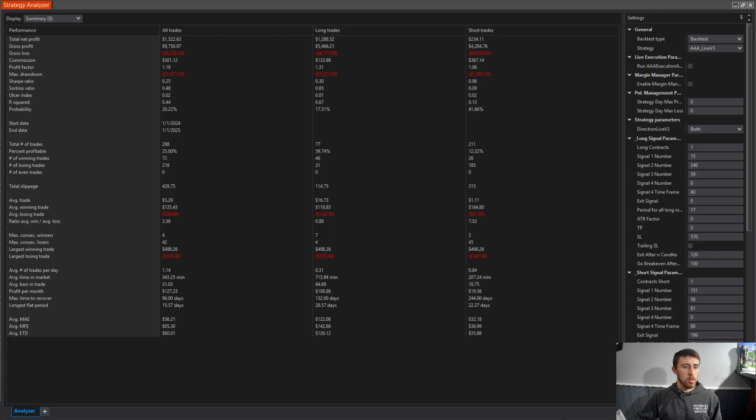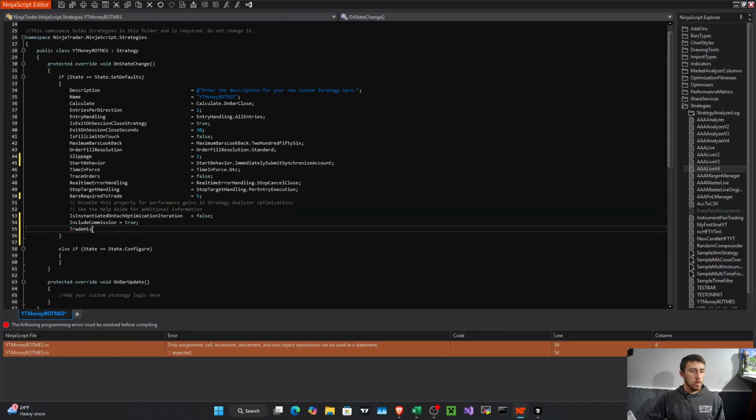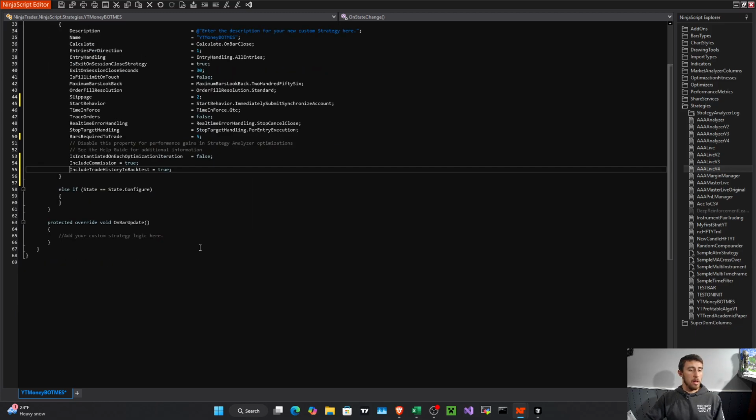It is called include trade history in backtest. And we want to set that to true as well. So those are just the basic default settings we want to set so that when we backtest it, we're getting something accurate. Now, next thing we need to do is start coding the logic.